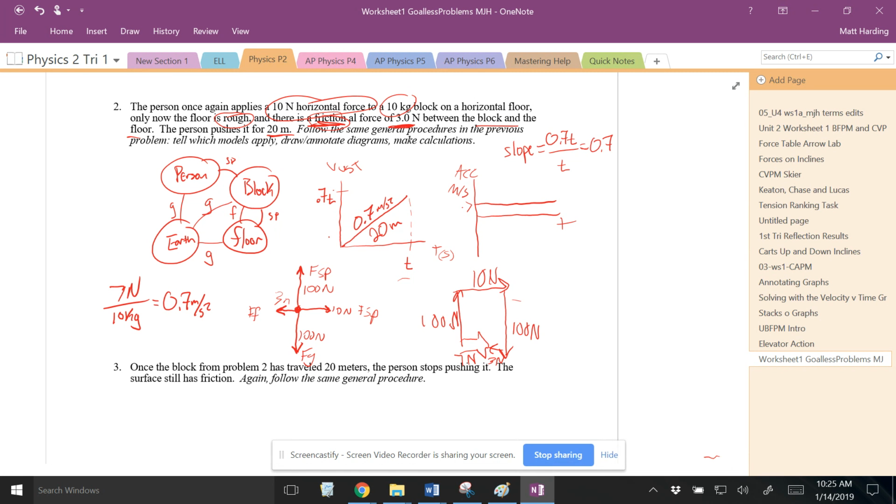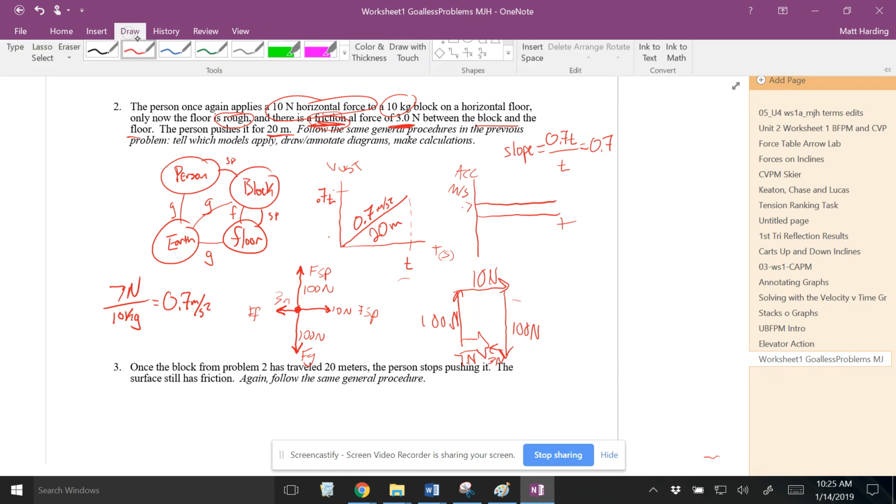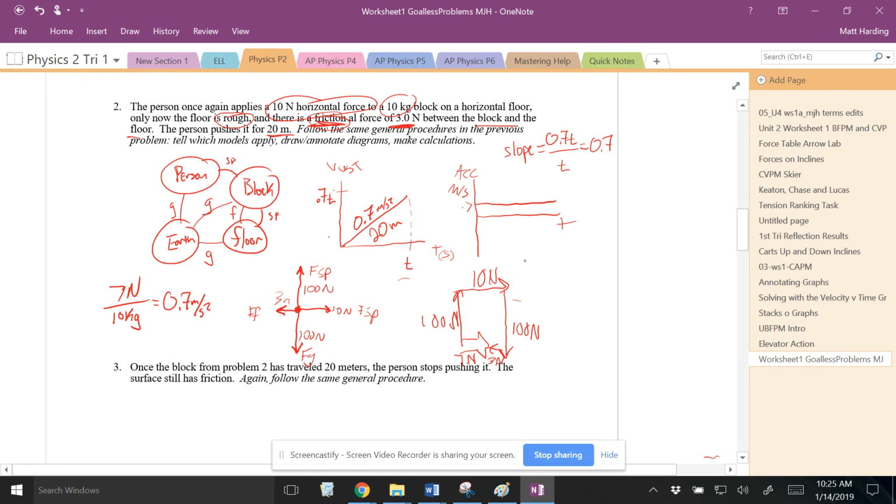So now I write my area equals 1/2 base times height for the triangle. The area of that triangle is 20 meters, the base is t, and the height is 0.7t. This becomes 20 equals 1/2 of 0.7 t squared.